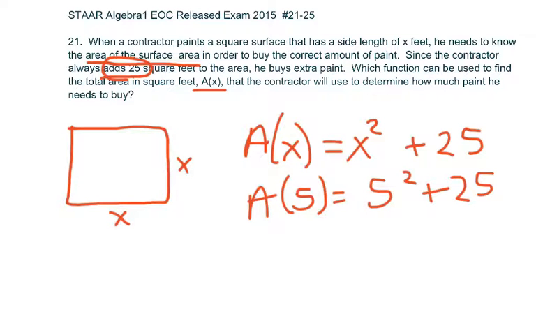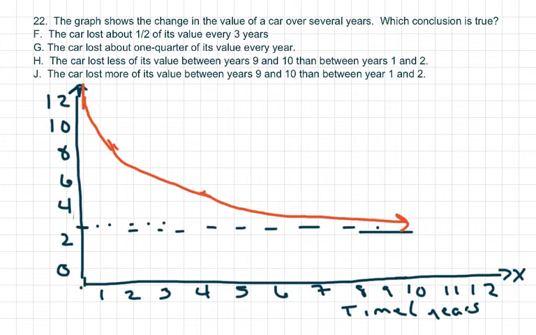Alright, and the next one is the one you probably need to look at the problem because the graph is better. So basically, this is one of these things that you just have to look at each of the problems and do elimination. So the change in the car value over several years, what conclusion is true?